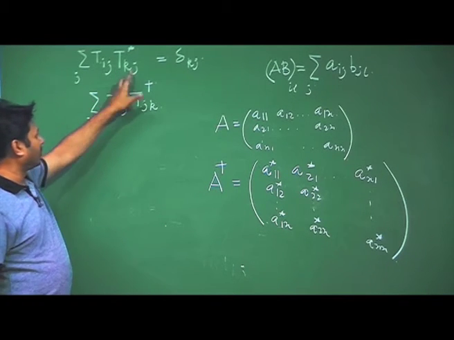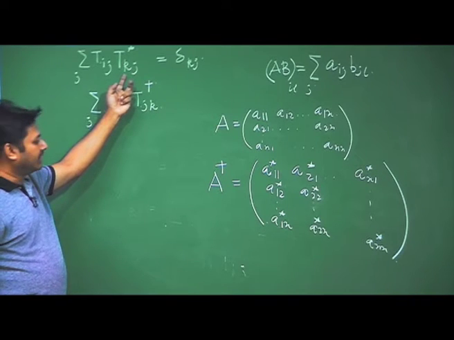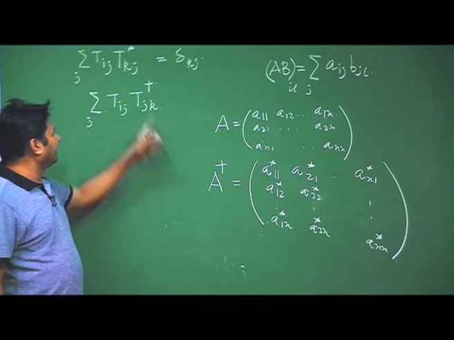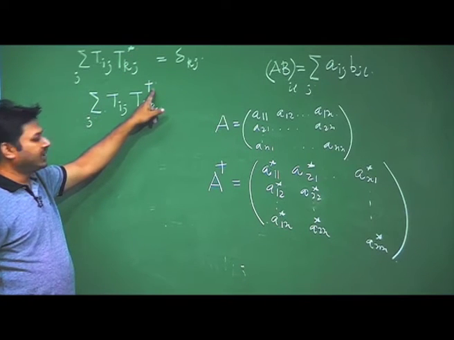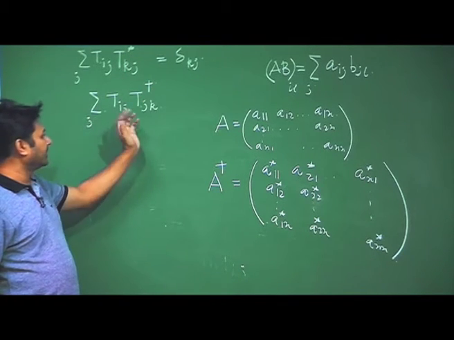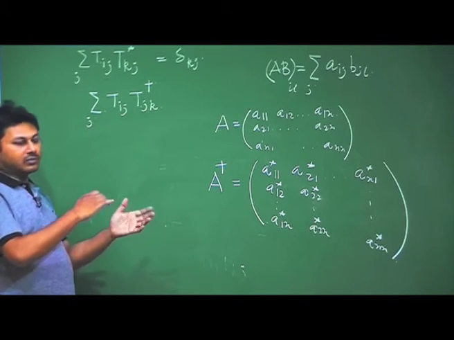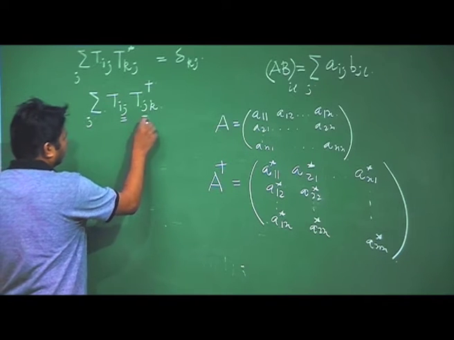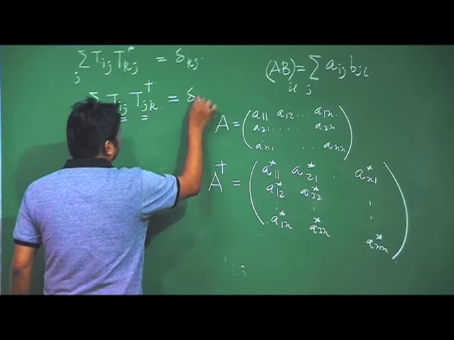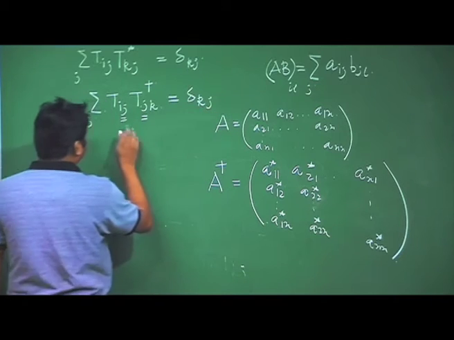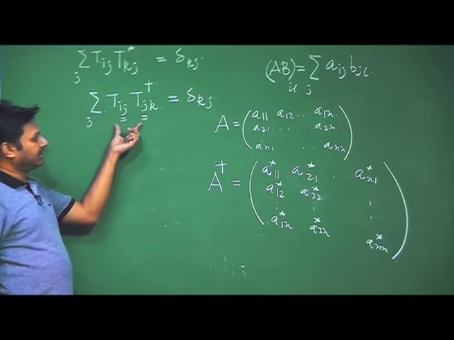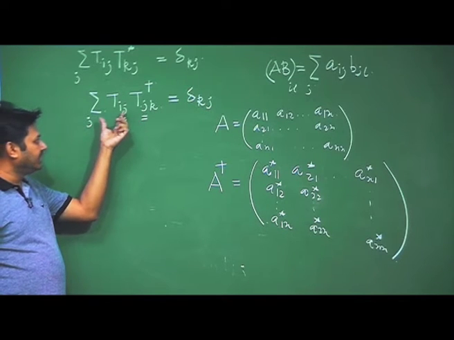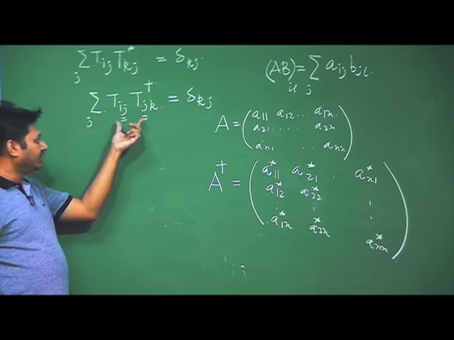When I rotate these things, eventually I am making the transpose of that, and then I remove this star. When I remove this star, I need to put a dagger. So this operation is nothing but changing the matrix in such a way that I can have my j j sitting here. So this is kj. Now this entire expression has the form of matrix multiplication, T and T dagger, two matrices which are multiplied.